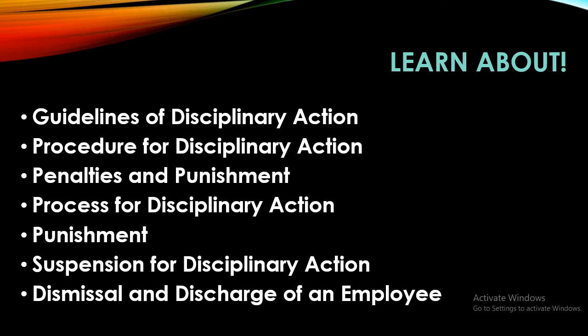Now, coming to punishment: what is punishment, when it is given, and the types of punishment given to the employee by the management committee, depending on their level of offense and the employee's experience.